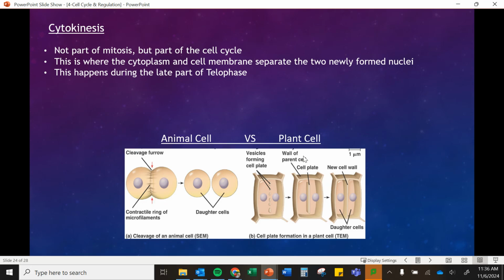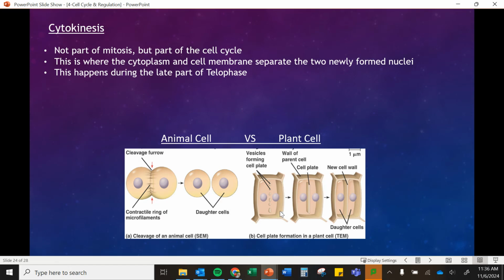Animal cells and plant cells have slight differences because plants are going to also need to form a cell wall in between as well. So we call this part where the cell is starting to break or pinch off the cleavage furrow in animal cells.